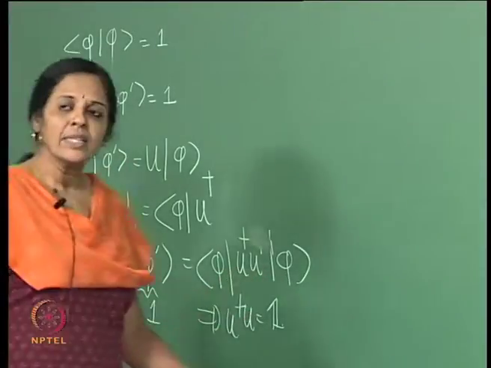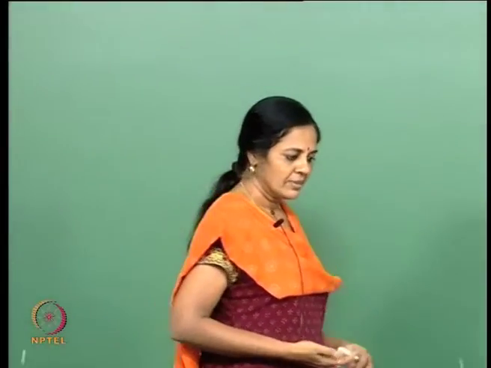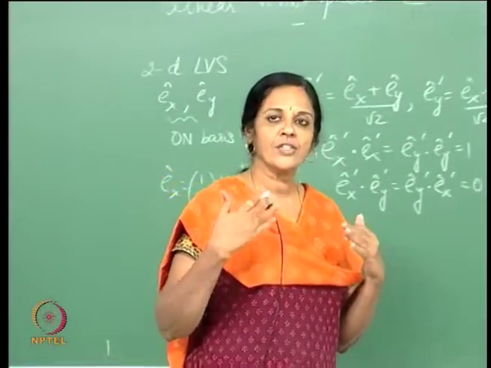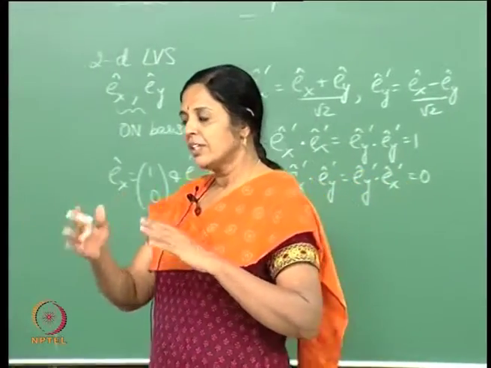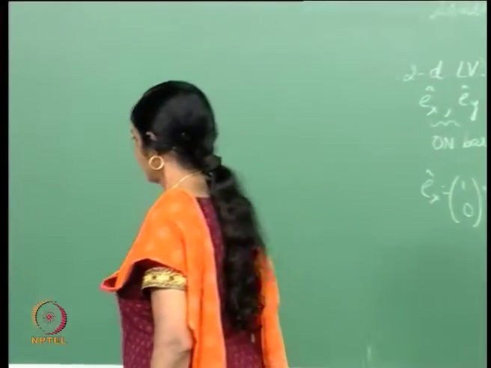In other words, it is a unitary operation that has brought about this change of basis, so that the orthonormality property is preserved in both the old and the new basis set.